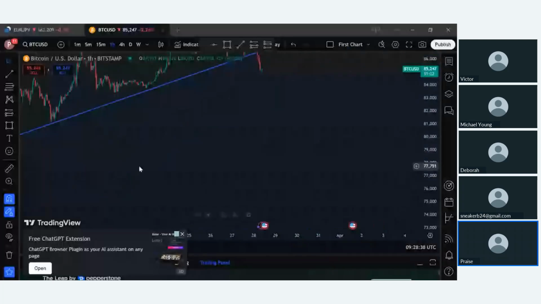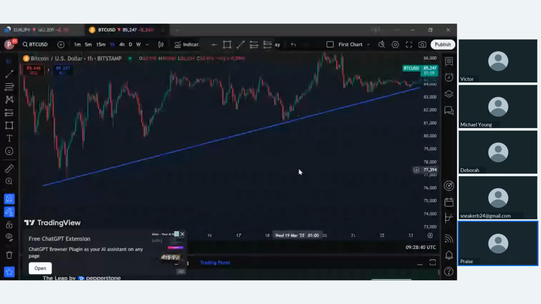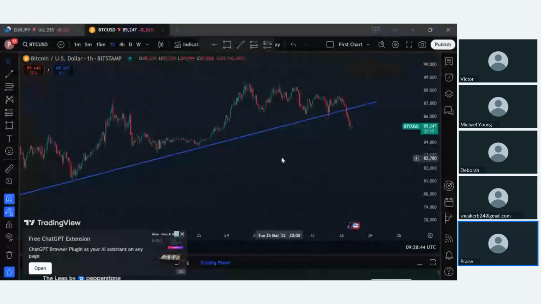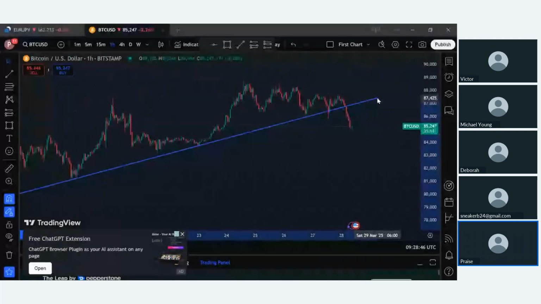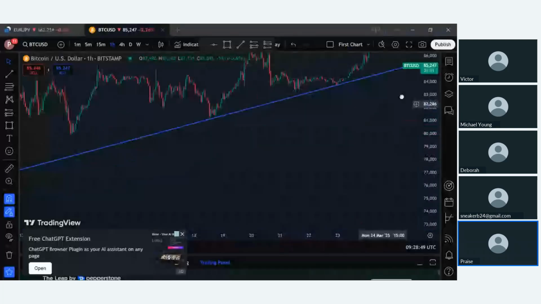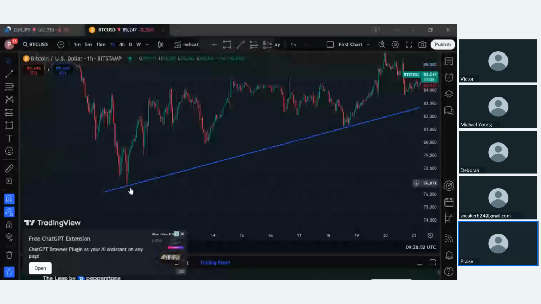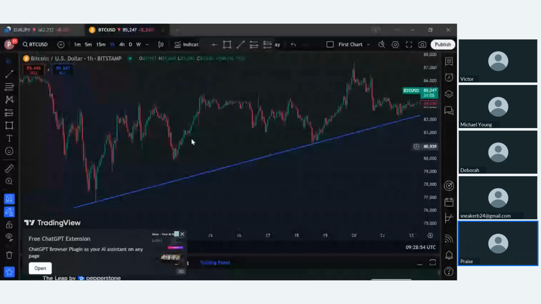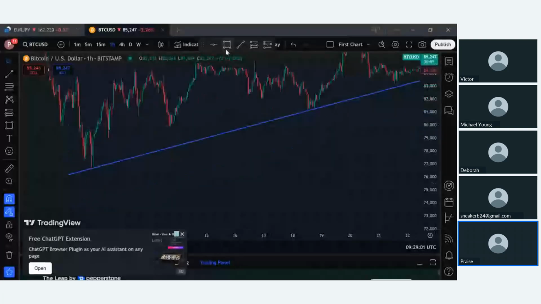So you can see from this trend line, this particular trend started here. This is our first point here, right? So the market started trending from here, right?